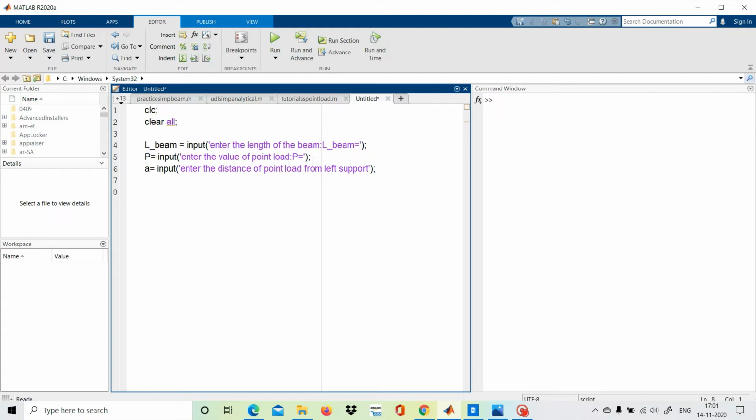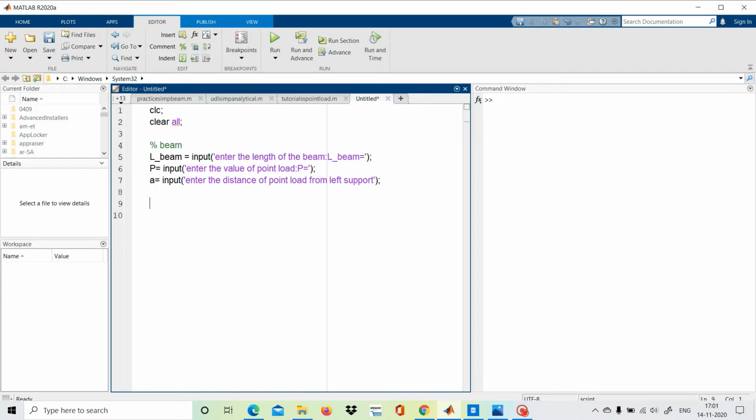Now it's about the beam. Let's write a comment, discretization, within the percent sign.